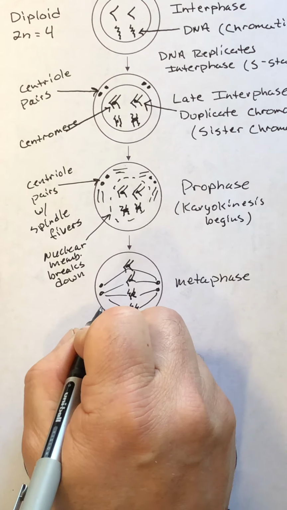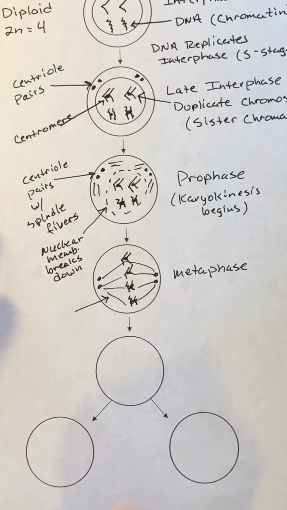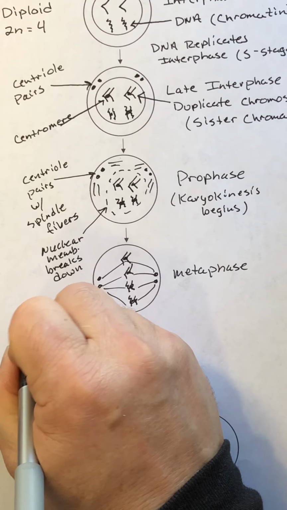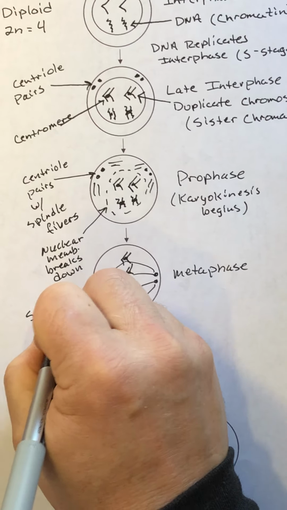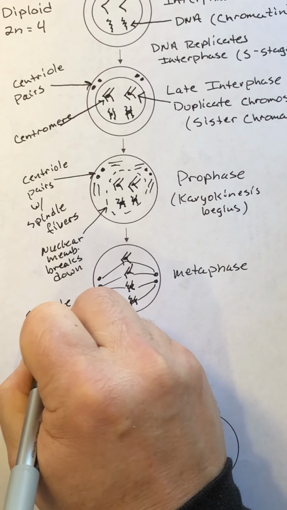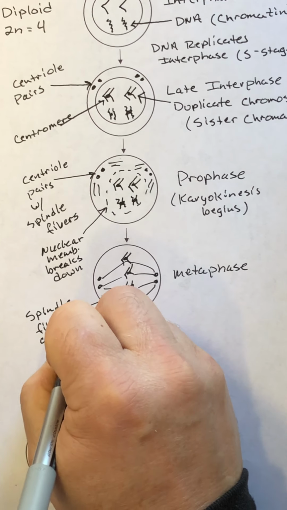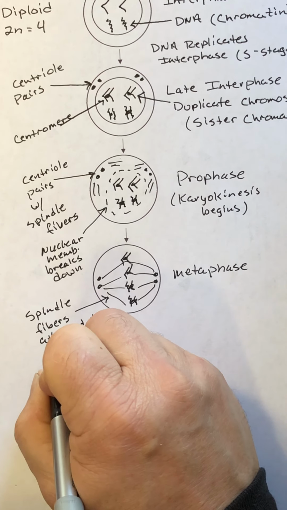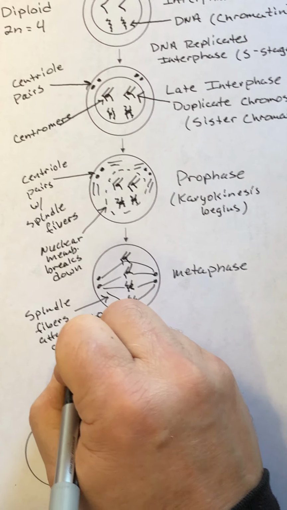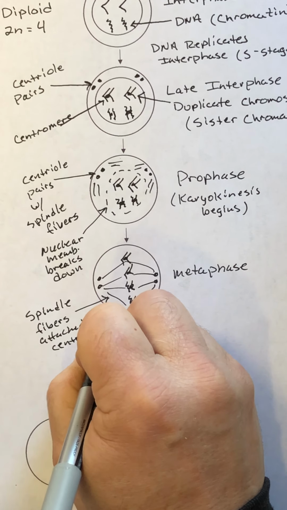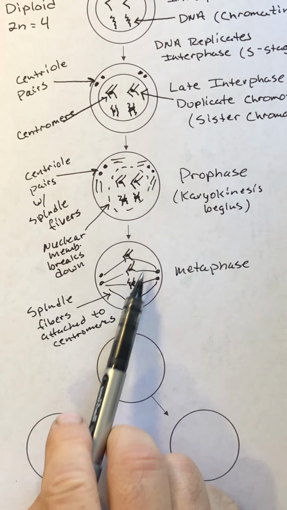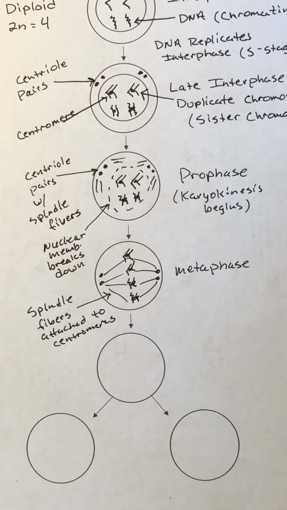So these are our spindle fibers attached to the centromeres. Okay, the nuclear membrane is completely gone at this point.